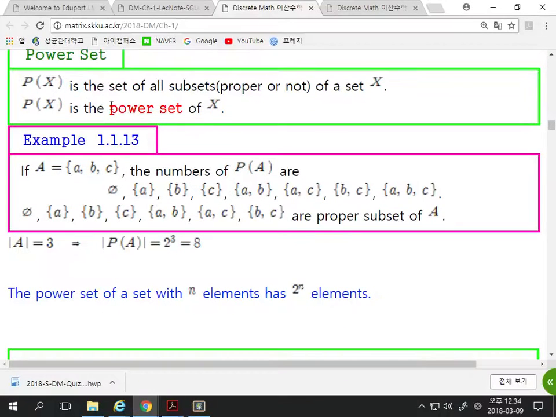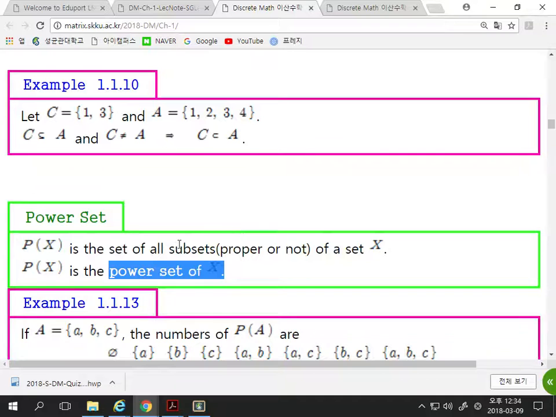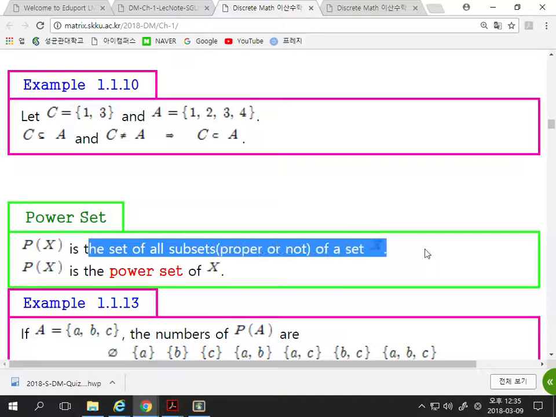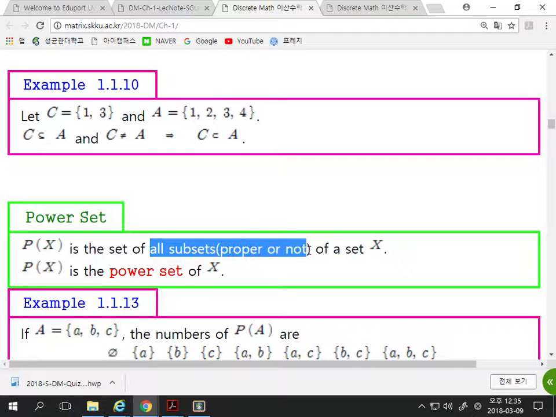And the power set of X. If we have a finite set X, then the set of all subsets of X is denoted P(X), which includes all subsets of X, including X itself and the empty set.